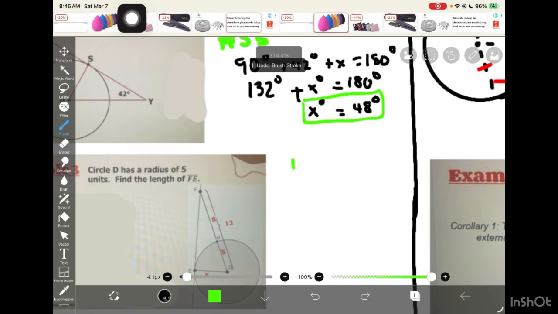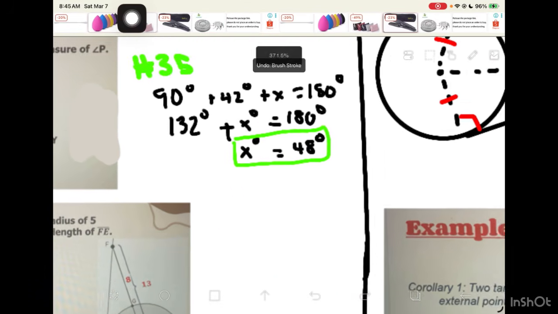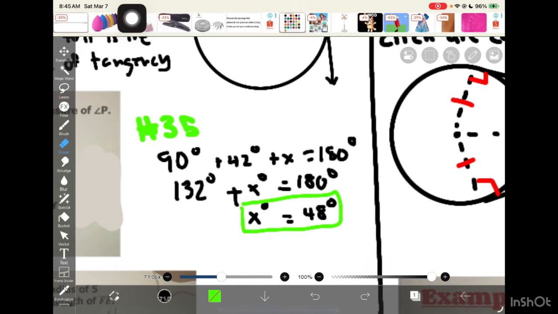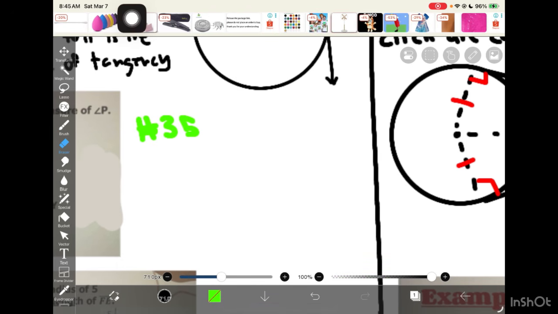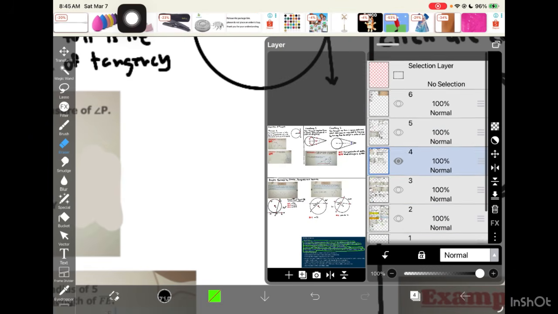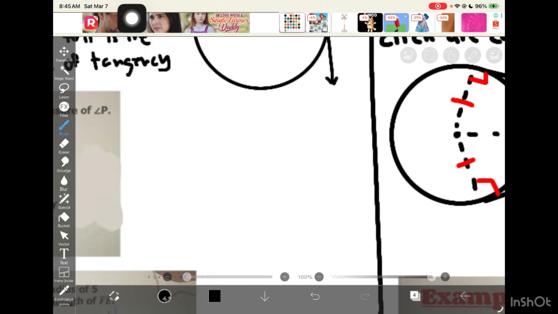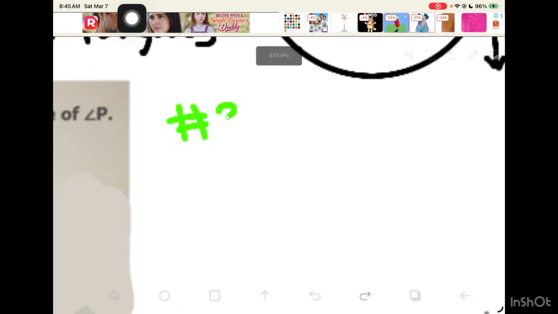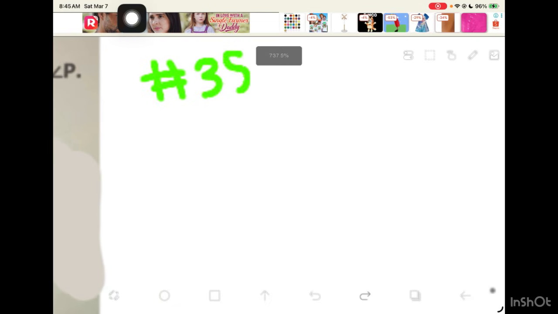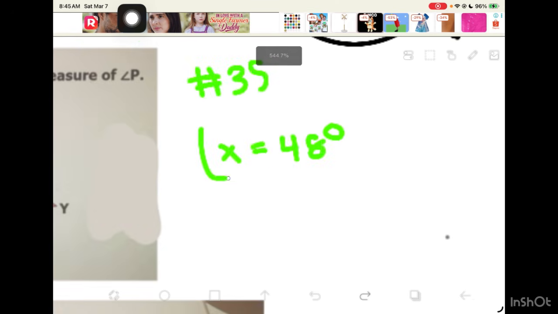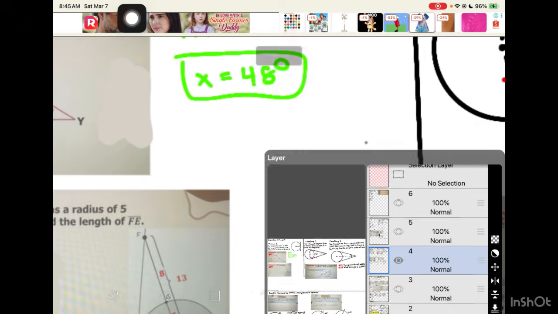Wait, I put the stuff on the wrong layer. My bad. Anyway, let's redraw that. You could screenshot it. So the answer is x is equal to 48 degrees. Okay, we're in the right layer now.